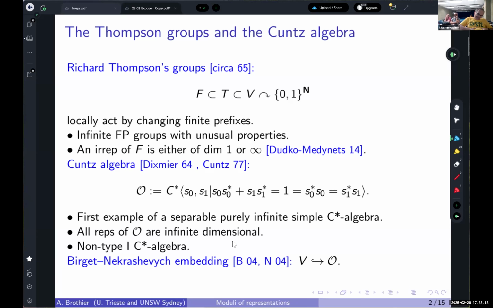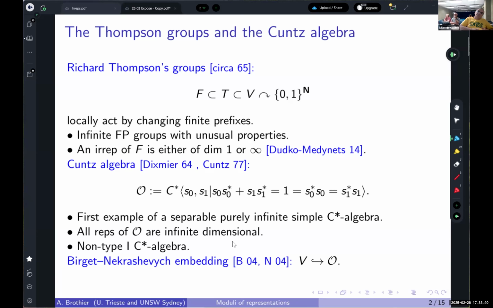Basically, Glimm's theorem gives you a bunch of equivalences that tell you that if you look at the irreducible representations of O and you mod out by unitary equivalence, there is a canonical topology you can put on this space, a classical topology, I should say. And it will give you a space that is very badly behaved. It's not going to be Hausdorff, nothing will work.